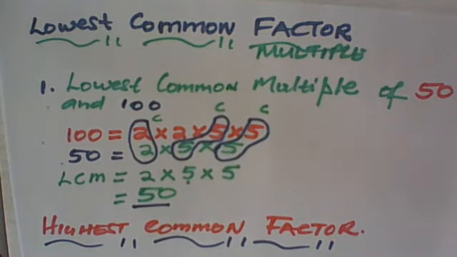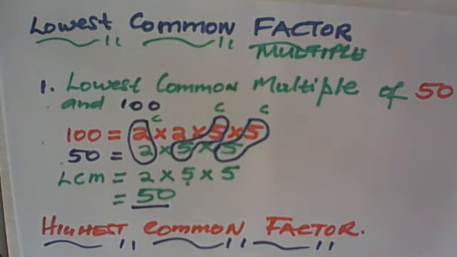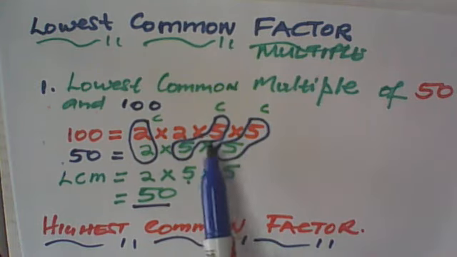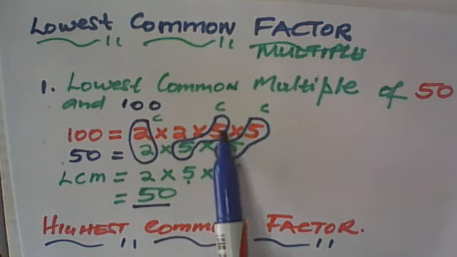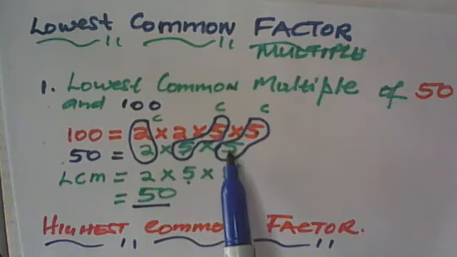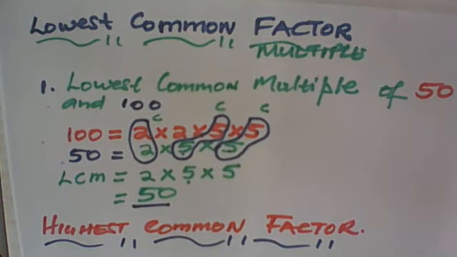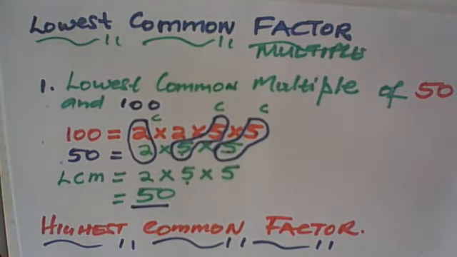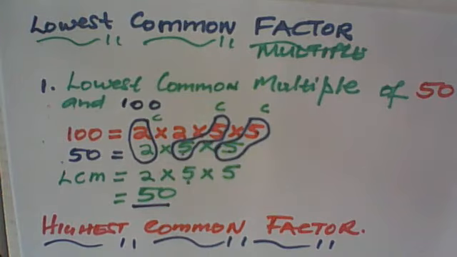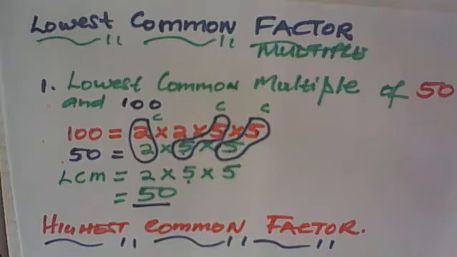Therefore, it's 2 times 2. Then multiplied by, how many do we have here? We have 2 5's. Here we also have 2 5's. Therefore, we have 2 5's. Then the highest common multiple, factor or multiple, is 10 by 10 is 100.